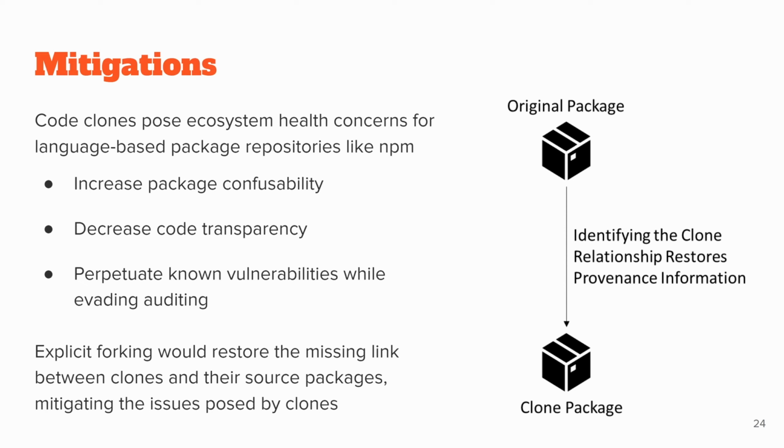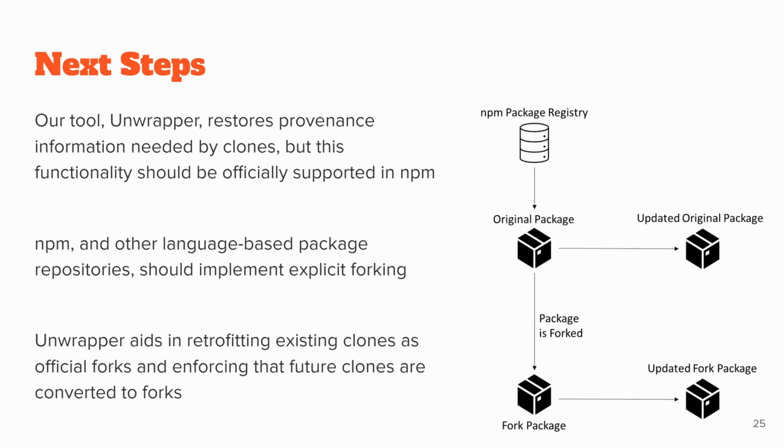If there existed an explicit forking mechanism, restoring the missing link between clones and their source packages, these issues posed by clones could be mitigated. While our tool Unwrapper is effective in restoring the provenance information needed by clones, this functionality should be officially supported in NPM. We believe that NPM and other language-based package repositories should implement an explicit forking mechanism.